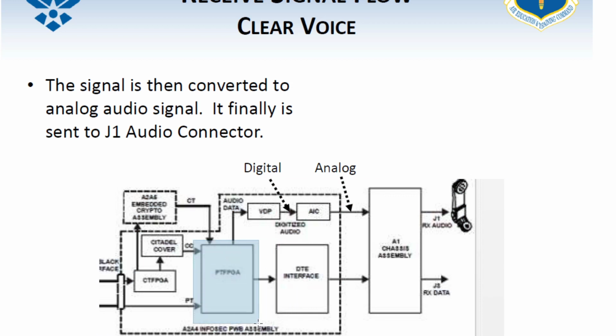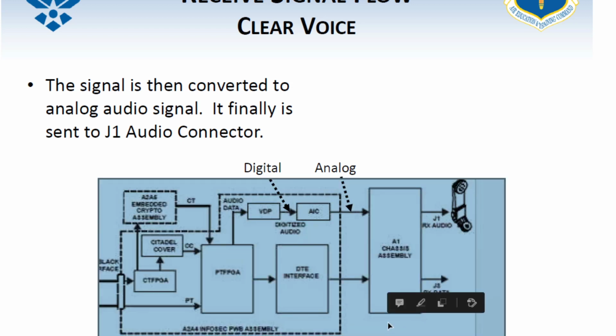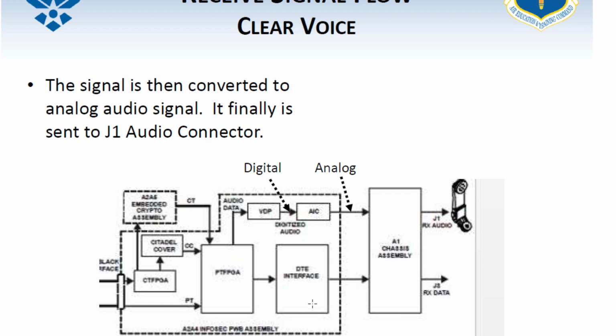What does our PTF PGA do here on the receive side? That's the traffic cop. He's going to send it, if it's up here, to analog, to audio, out here. And if it's data, he's going to be like, nah, bro, down here, data. That's all he's going to do. If it was encrypted, if it was CT, remember it'd have to go through here.